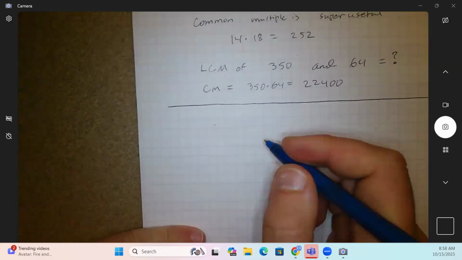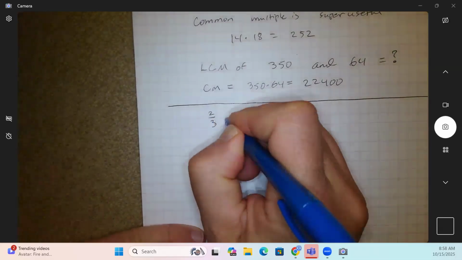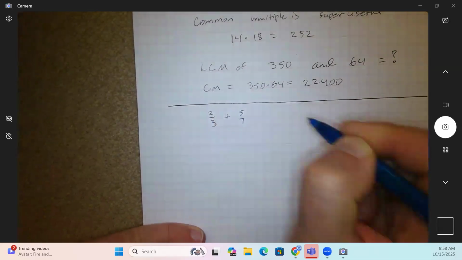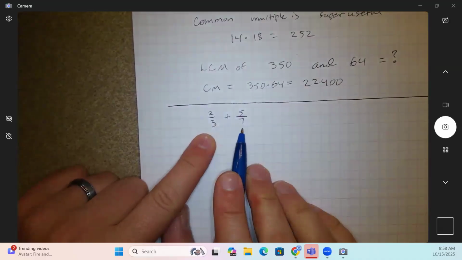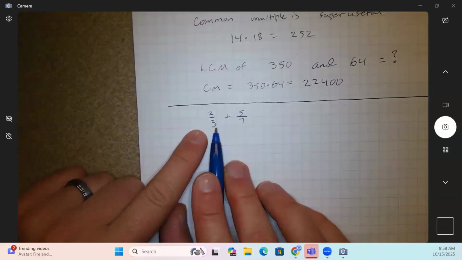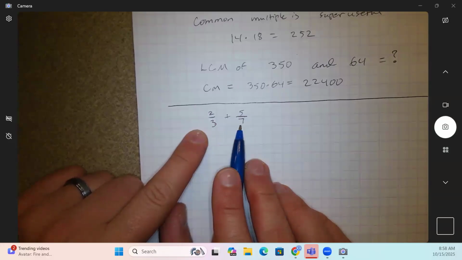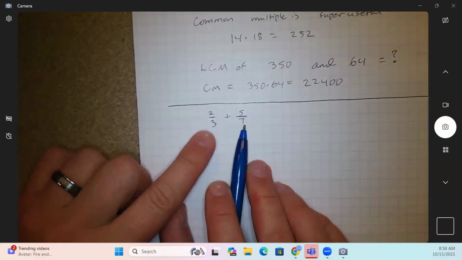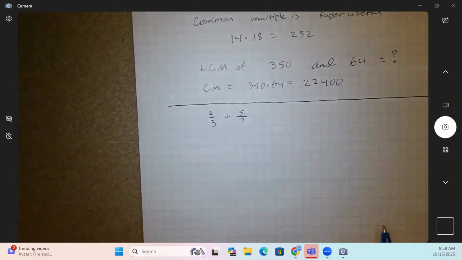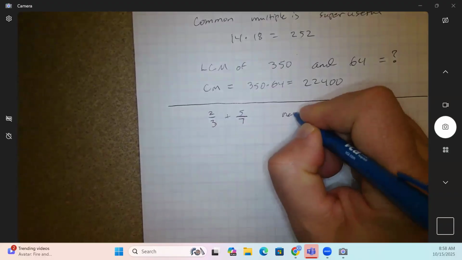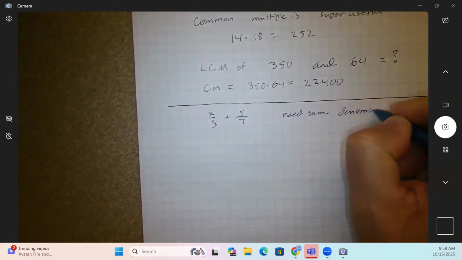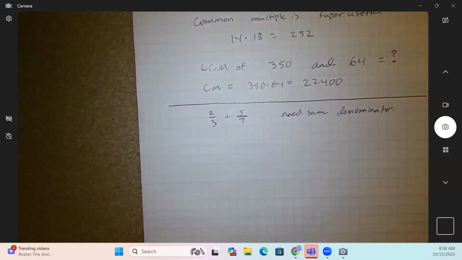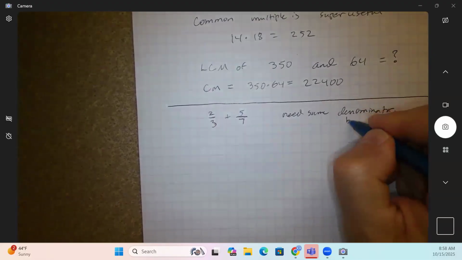If I want to add two fractions, like 2/3 plus 5/7, they have to have the same denominator. All right, so here we're coming back to our division idea from the previous section. And now we're going to add two rational numbers. They need the same denominator, which reminds me I have to define some words.